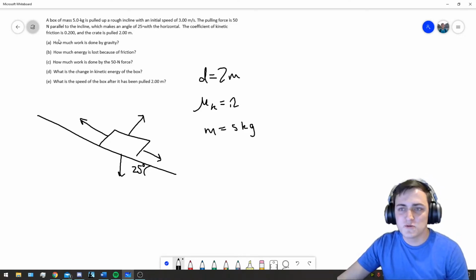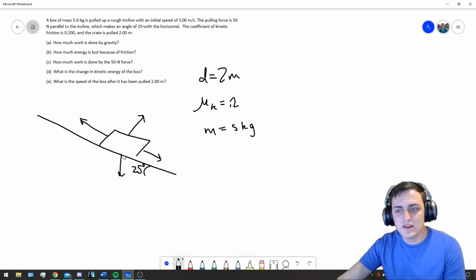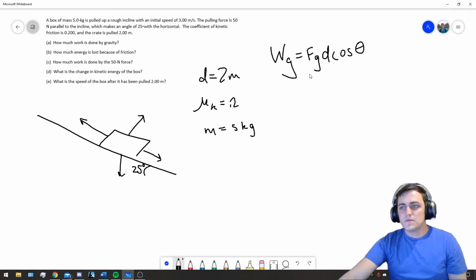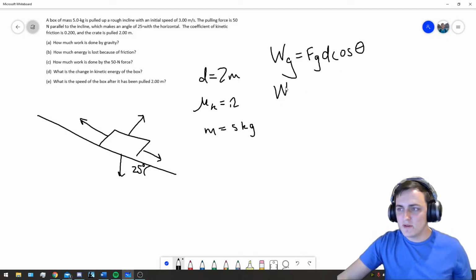So let's look, how much work is done by gravity? Well, we know that the work done by gravity is equivalent to the force of gravity times the distance of displacement times cosine theta. So let's see, Wg equals Fg.